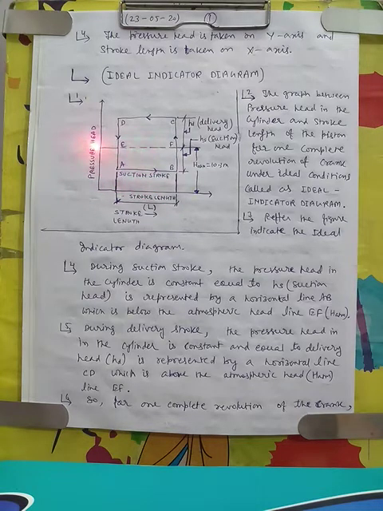Negative pressure. This I have taken as atmospheric pressure. This is the pressure axis, and pressure starts from absolute zero pressure, means the origin indicates absolute zero pressure. So this is the atmospheric pressure, H atm. The line EF indicates the atmospheric pressure.